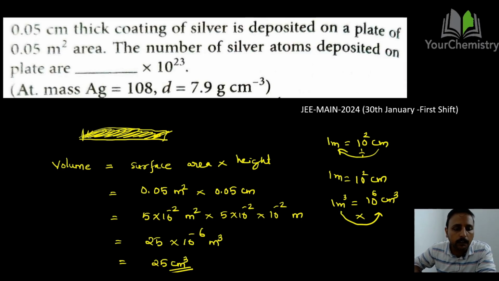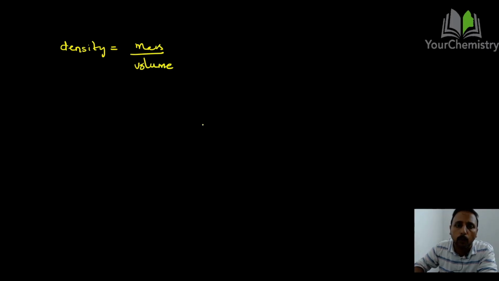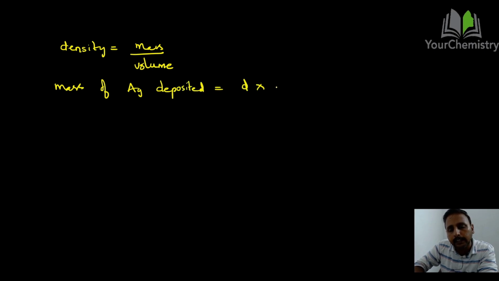Now moving forward, we need to find out how many silver atoms are there in that particular volume. So let's see the density equation, you know very well. What is density? Density is equal to mass by volume. So what will be the mass of silver deposited? We can easily calculate it by density into volume.